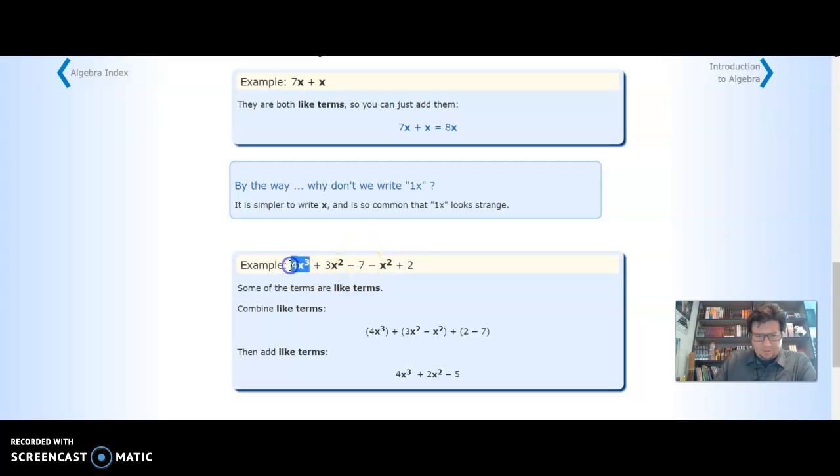This one is by itself, though. Okay, so if you combine them all, you have 4x by itself plus 3x minus 3x squared minus x squared, and then plus 2 minus 7. Okay, you can put them all together. And this is what you would end up with.